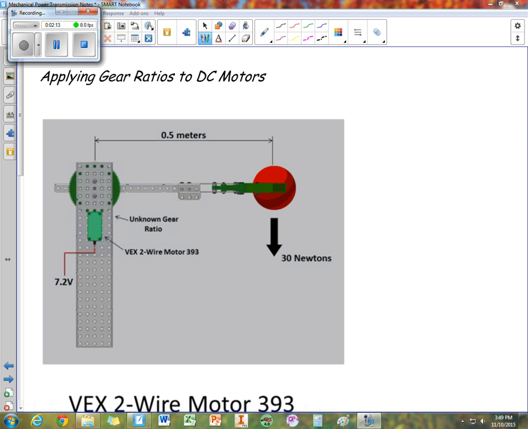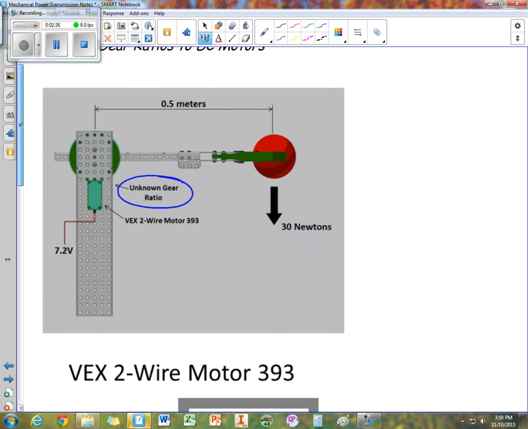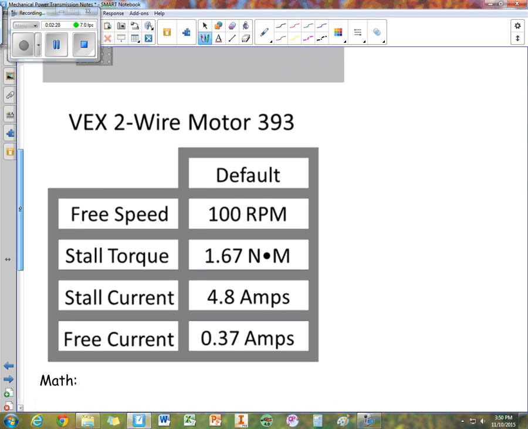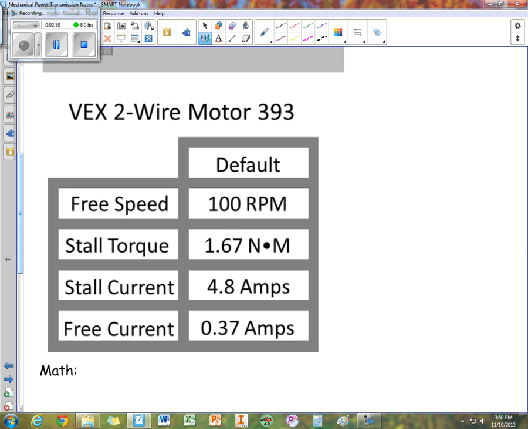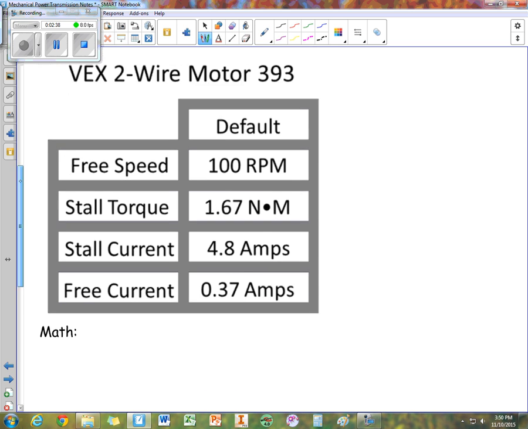So what we want to do is use a gear system, and we want to figure out what gear ratio we would need so that single motor can do this task. Now, the characteristics of a 393 motor, just in case you forgot: it has a free speed of 100 RPMs. The stall torque is 1.67 Newton meters. It has a stall current of 4.8 amps and a free current of 0.37 amps.